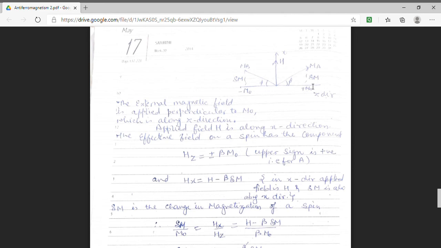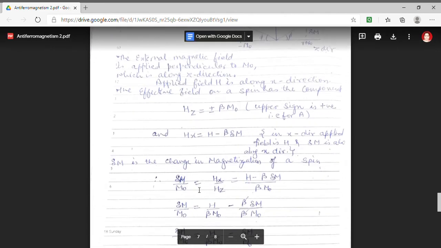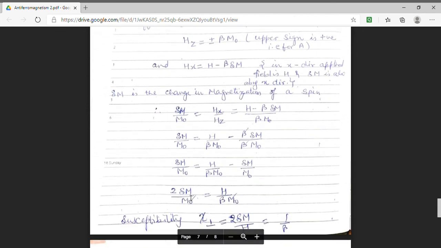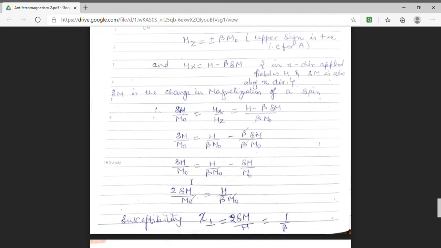So the ratio of change in magnetization to the original magnetization, that means delta m upon m0, will be equal to Hx upon Hz, and substituting the values of Hx and Hz, this is equal to H upon beta m0 minus delta m upon m0.